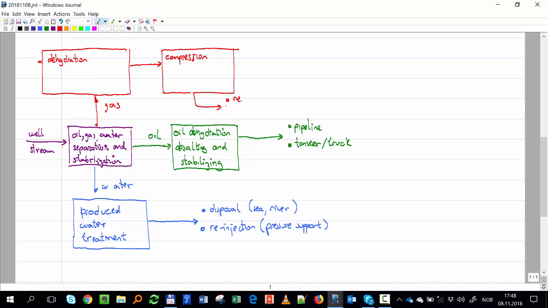Re-injection, for pressure support, or if you're doing some EOR, enhanced oil recovery, or you can also use it for gas lift. You can also use it for the auxiliaries for power generation.